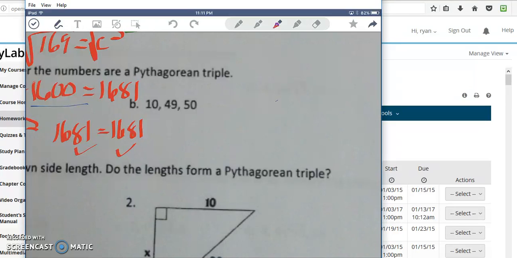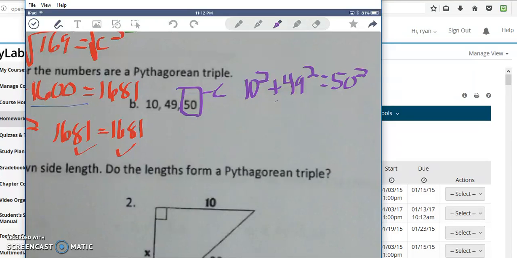So in B we have 50 is going to be our c. That's the longest one. So if we set it up like we're supposed to, 10 squared plus 49 squared is equal to 50 squared.